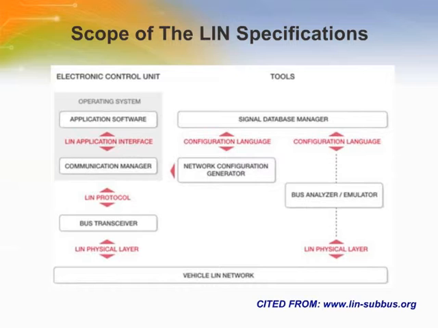The transport layer specification describes how to transport data that can be up to 4,095 bytes. The physical layer specification describes the physical layer, including bitrate tolerances, etc. The application program interface specification describes the interface between the network and the application program.